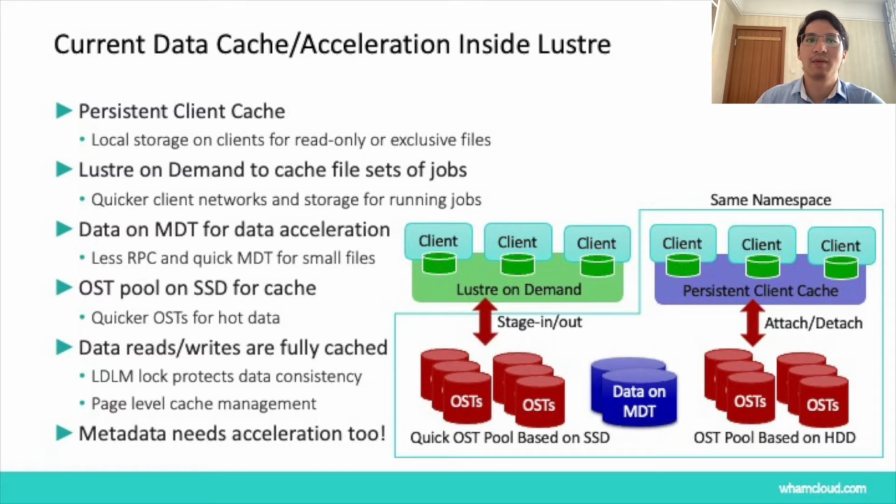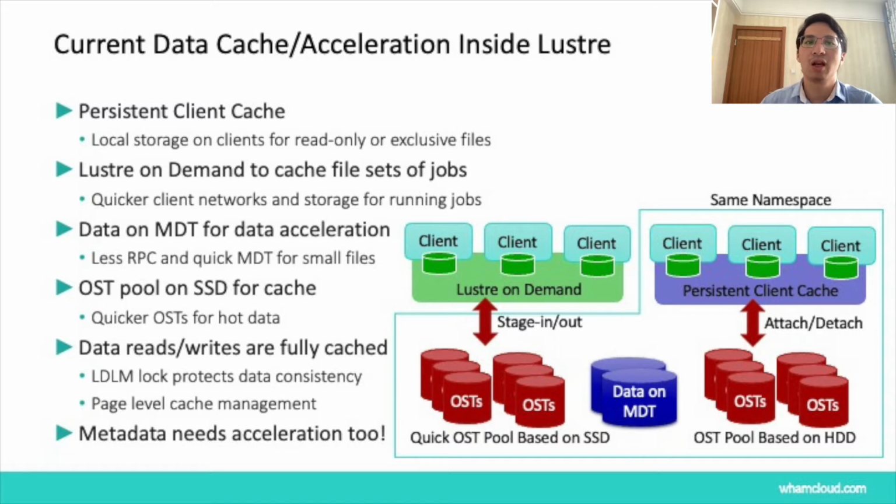So let's take a glimpse of data acceleration mechanisms inside Lustre. We have persistent cache, aka PCC, in Lustre 2.14, which uses local storage on the client side to accelerate read-only files or exclusive files. We can also use the tools of Lustre on Demand to create a Lustre file system on compute nodes, which enables us to accelerate the file set of each running job.